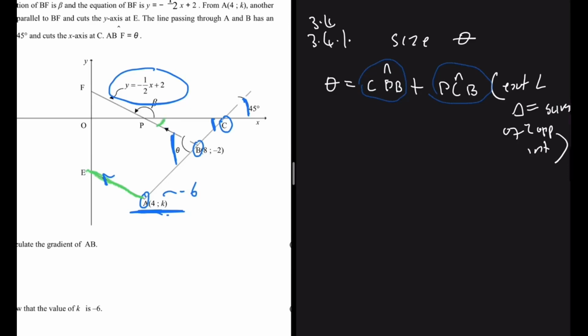So how can we find CPB? We know that CPB plus this angle here, right, will be equals to 180 because they're on a straight line. So if we find this angle that I'm circling, then we're gonna be able to find CPB. But then how do we find that angle? Again, we can use the inclination of line FB, right?